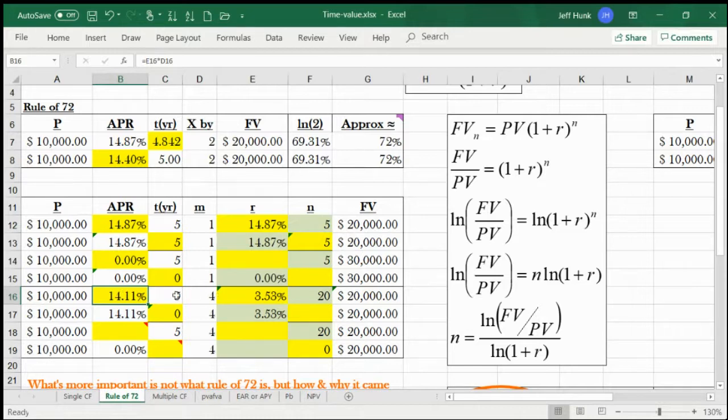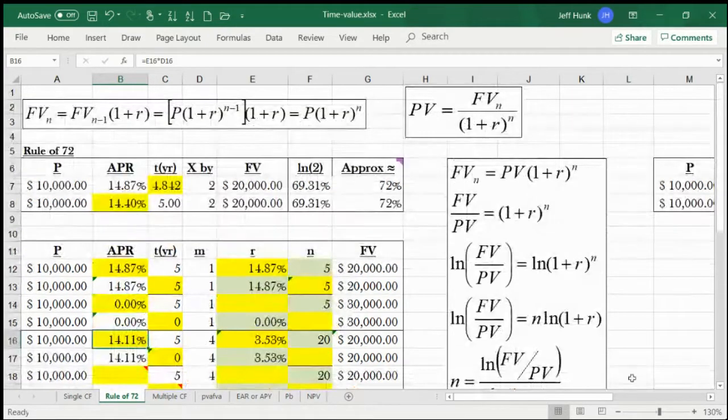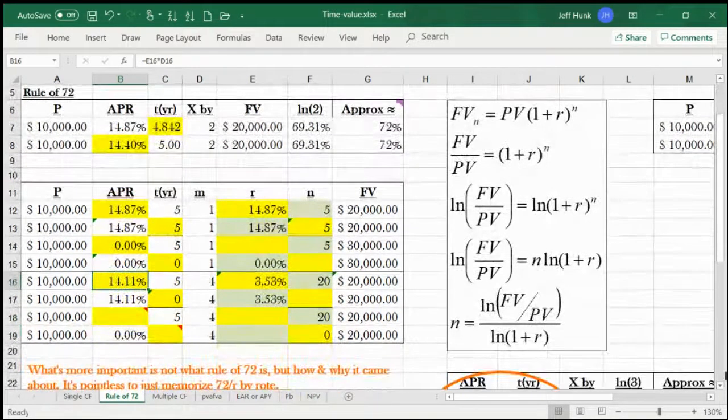The higher the compounding frequency, the APR doesn't have to be that much, right? Because higher compounding frequency takes less rate of return to achieve the same goal.